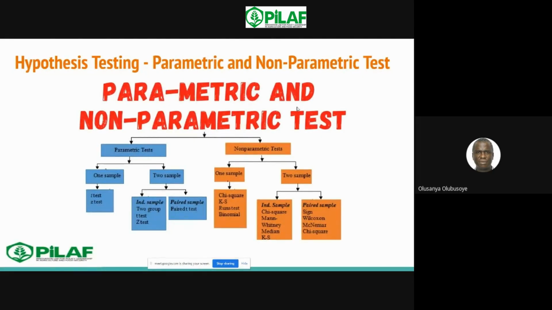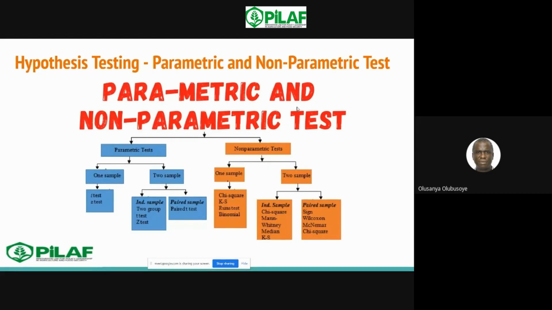For the 2 samples situation, it could be that you have 2 groups that are independent of one another, or you have groups that have a relationship. So in essence, 2 cases are possible: the case where the groups are independent of one another, and the case where the 2 groups are dependent.